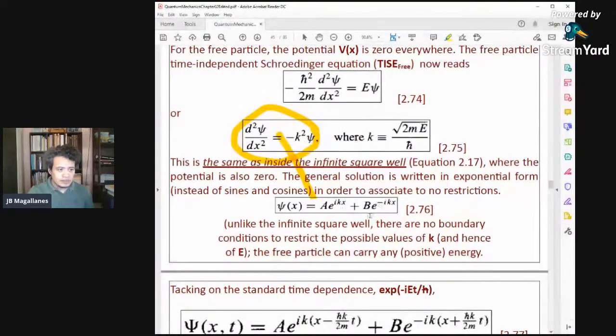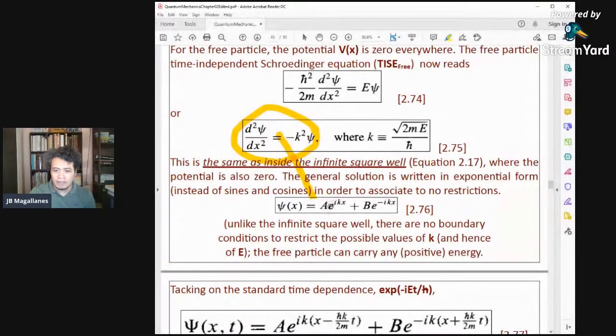And why are we using exponential instead of sine and cosine? The reason is that the particle is not bounded, and it would be more convenient to use the exponential solutions for this kind of system where there's no constraint on the system. I mean, the potential everywhere is zero, so exponential would be convenient to work with.